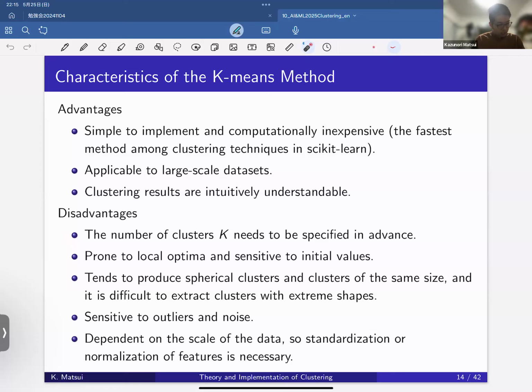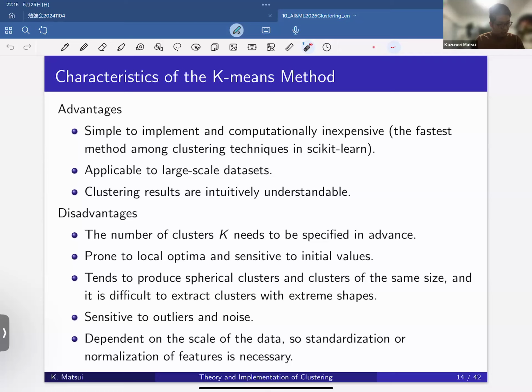Also, as I introduced earlier, it is prone to local optima and sensitive to initial values. Also, the shape of the clusters you get tends to be spherical. That means if it's two-dimensional, it tends to become circular.